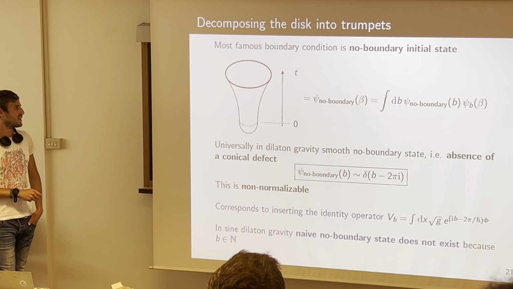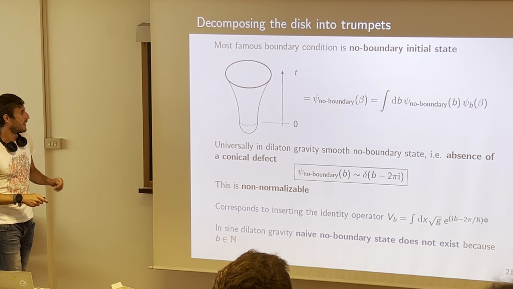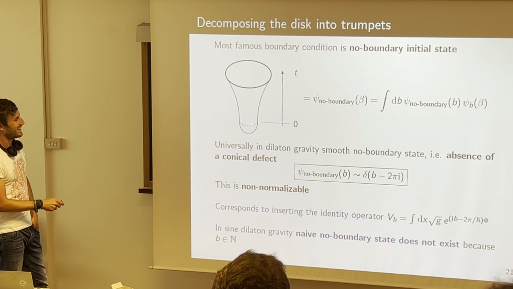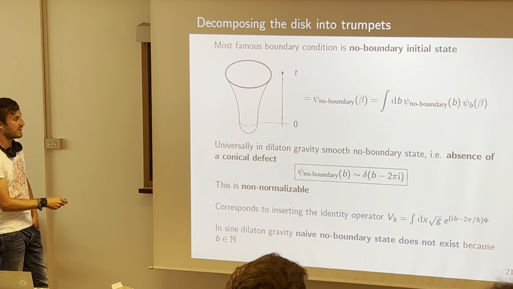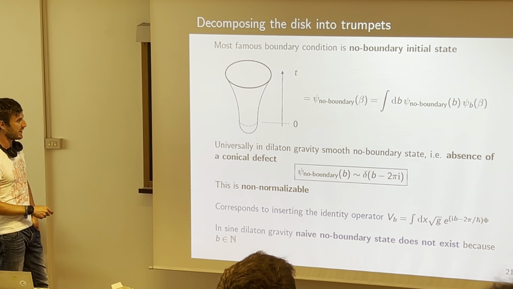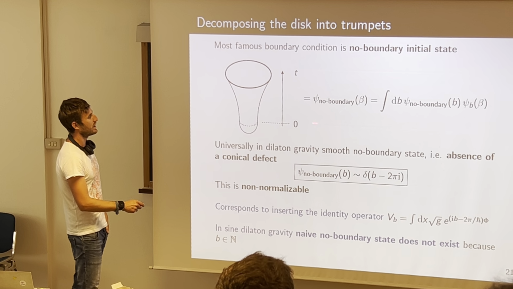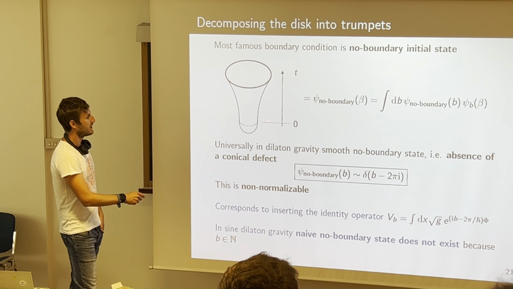So the prescription is basically to glue here your amplitude with the amplitude of a hemisphere in the Euclidean preparation region, and to tune exactly the neck of the trumpet to be related to the radius of the hemisphere, which is giving us the Euclidean preparation, right? So another way to say that is that I can decompose my no boundary wave function this way by integrating over all possible lengths of the trumpet here.